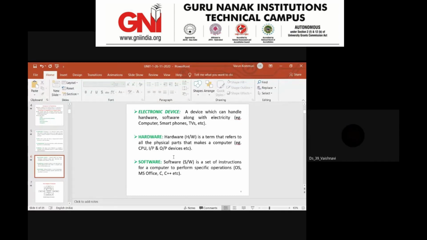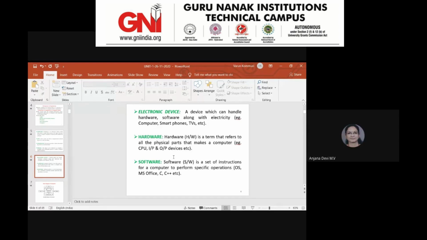Keyboard, mouse and scanner are the input devices. Output devices are printer, speaker and monitor. So hardware is nothing but the physical parts of the computer. They are the CPU, input devices and output devices.